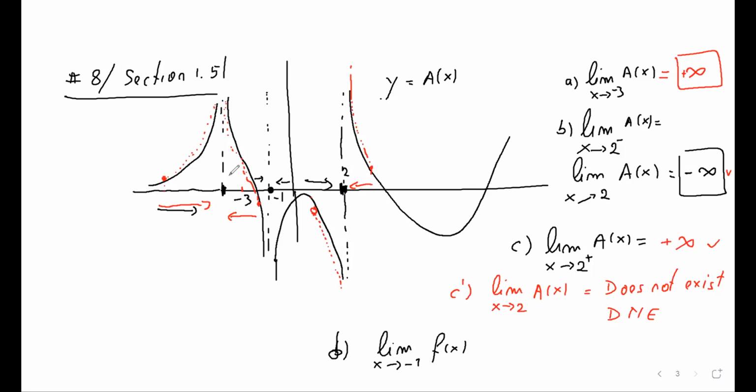So the values of my function, now we're going to go down on the left side, from the left side. So we're going to go down like this, but also from the right side, we're going to go down. So the values of this limit are both equal to, and I'm going to say here, -infinity.